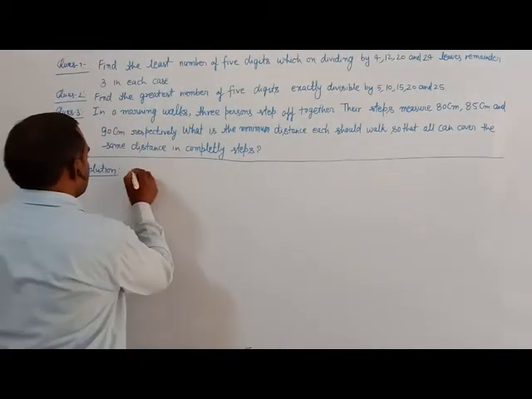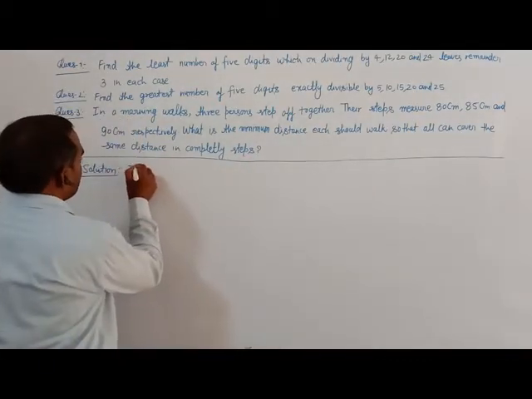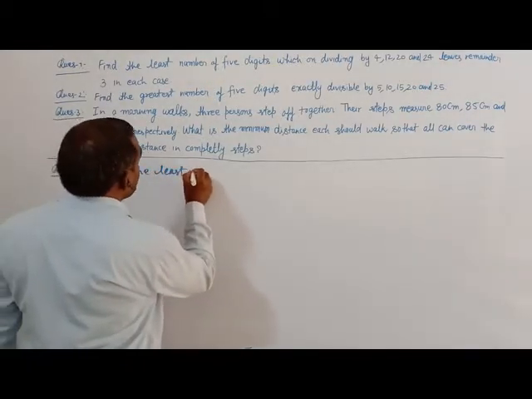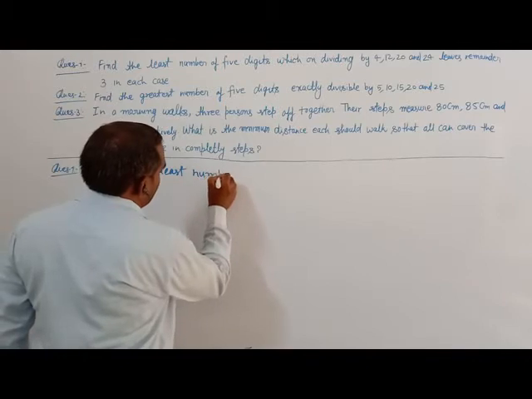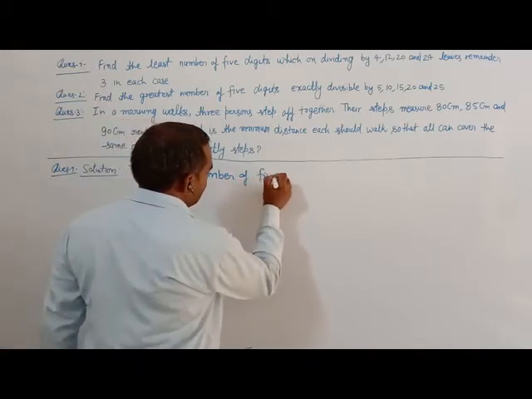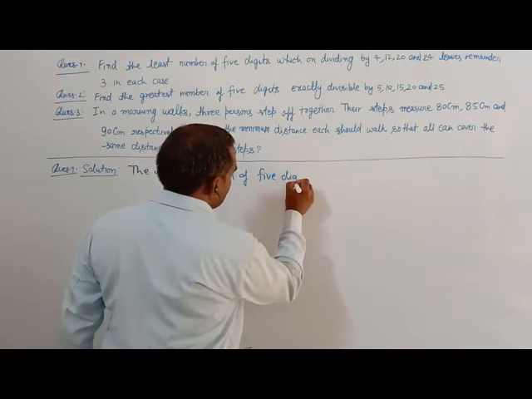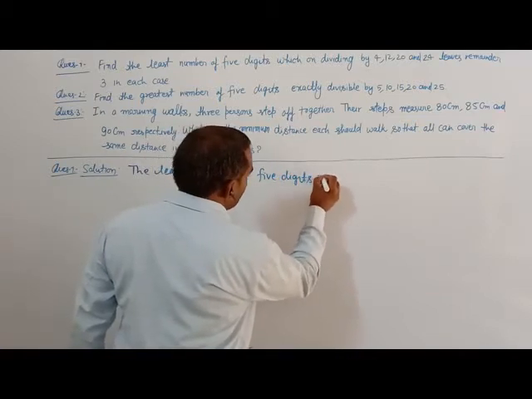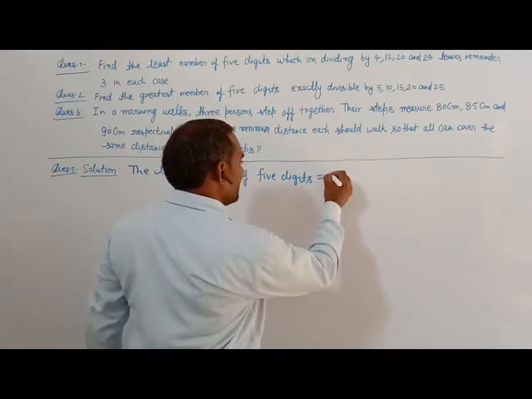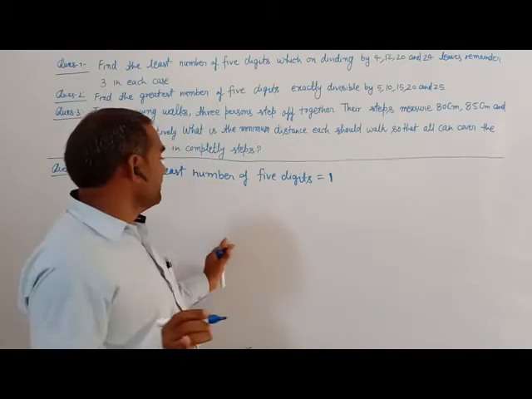The least number of 5 digits is equal to 1, and the remaining digits will be 0.